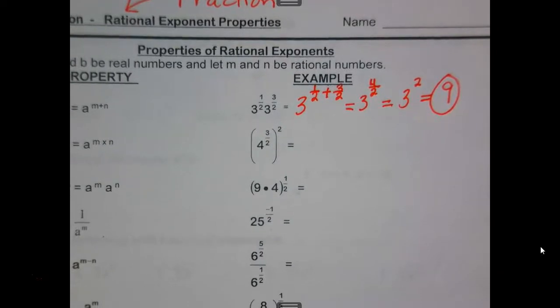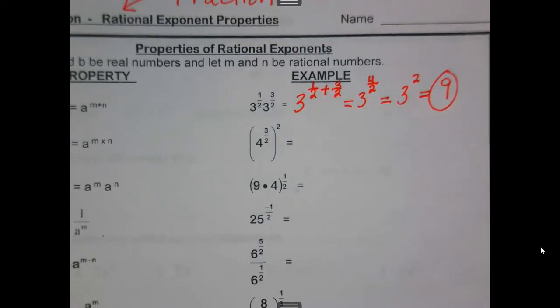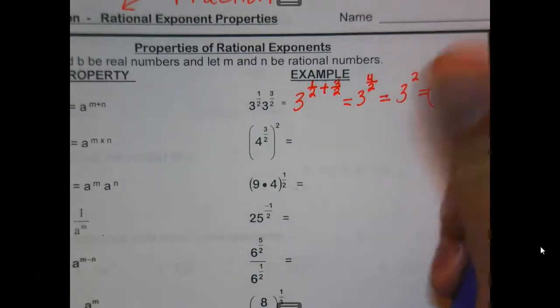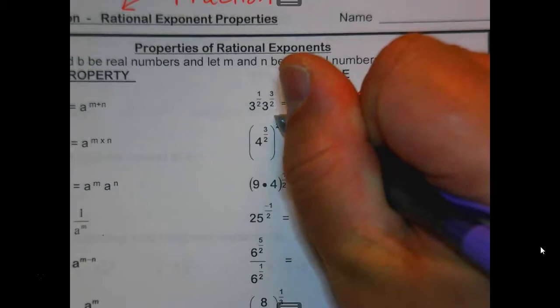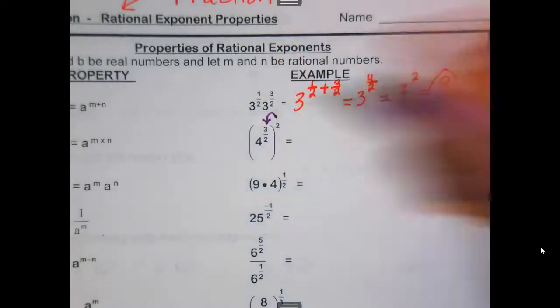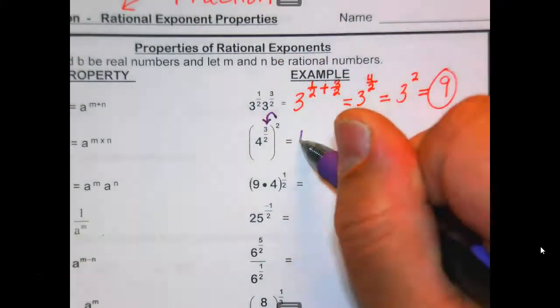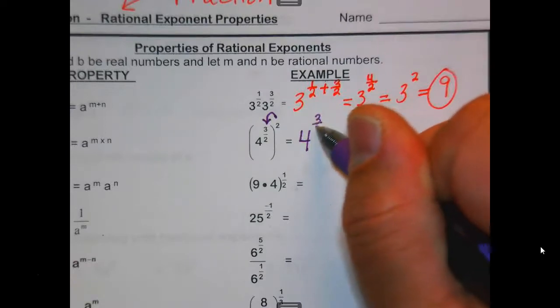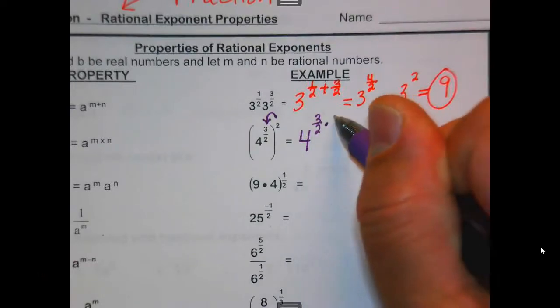If I have a power raised to a power, a parentheses with an exponent outside, that's right, I have to think of it as distribution, and I multiply them. So I have 4 to the 3/2 times 2.